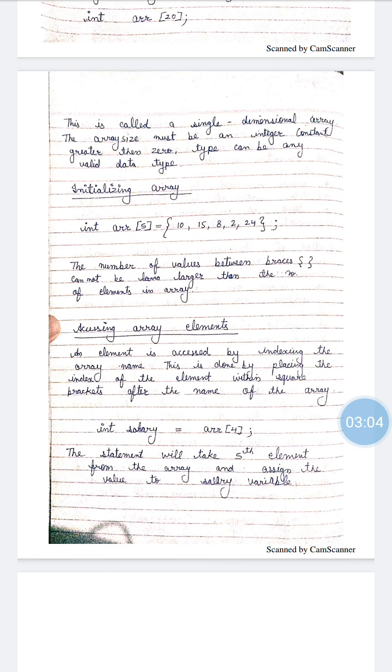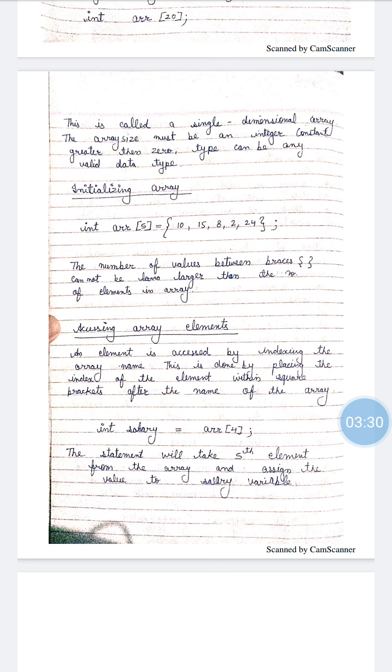Now an element is accessed by index. This is done by placing the index of the element within the square brackets after the name of the array. Suppose this is the example: int salary = arr[4], which means assign the value of arr[4] into salary.